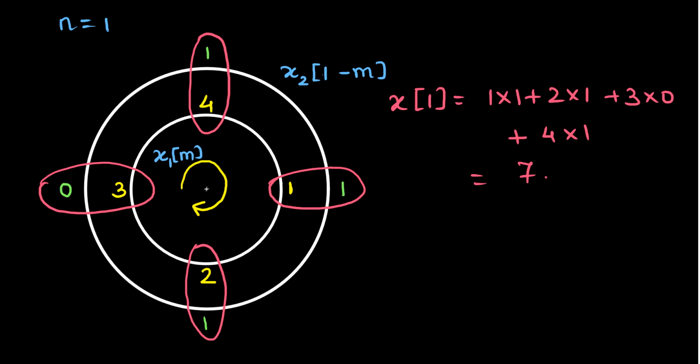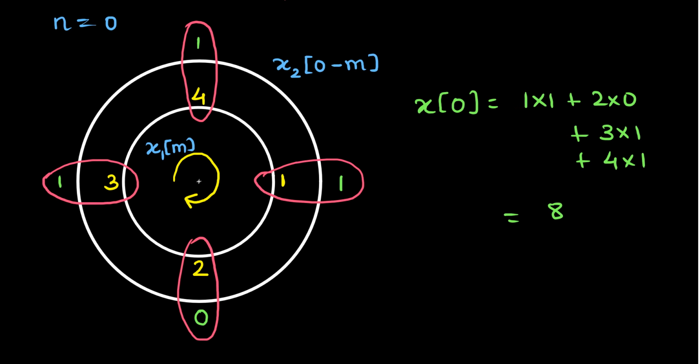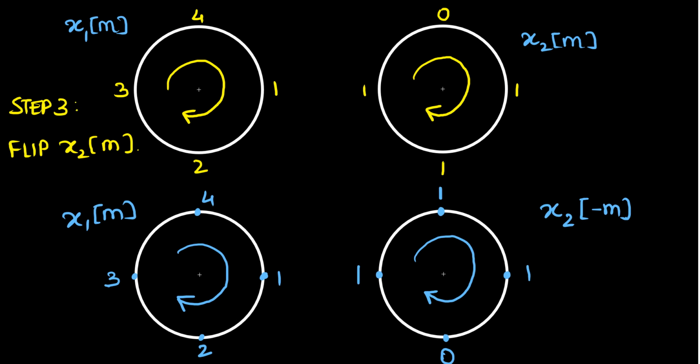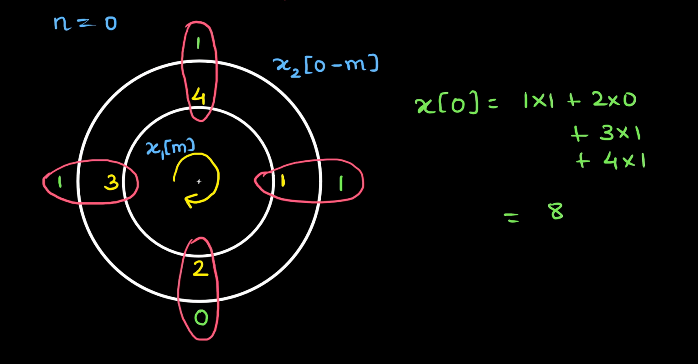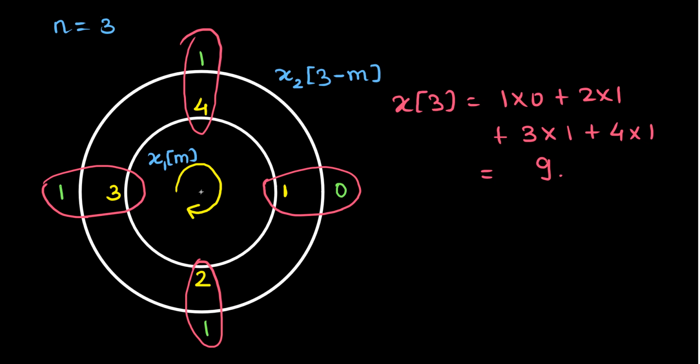And if we go back and check the original version, that is x2 of minus m, we would get back to this point, which means that x of 0 would be equal to x of 4. Shifting it further in the circular fashion would give us the periodic numbers, or a repetitive sequence.